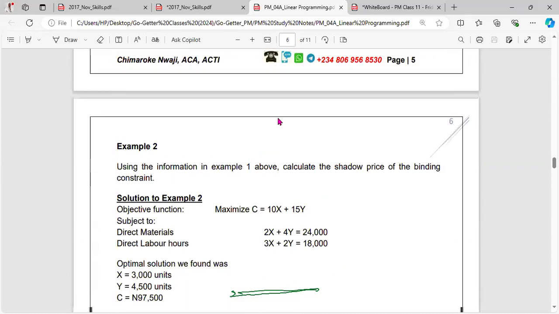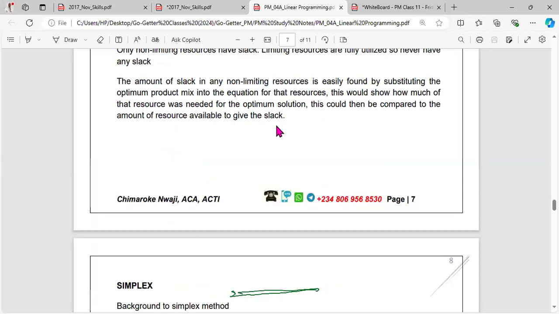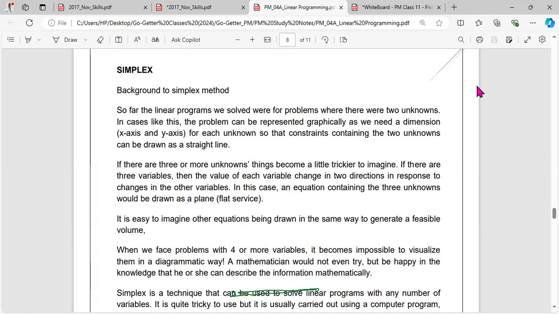When we come to simplex, we'll use this again to learn how the simplex method can be used in getting optimality. We are going to use the same question that we have used tonight to solve the simplex question in the next class to see whether we will get the same answers as we got in the graphical method.